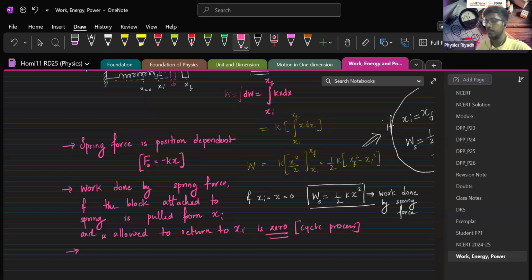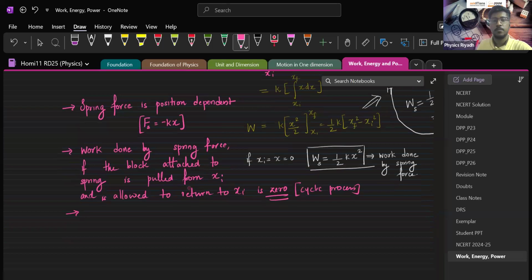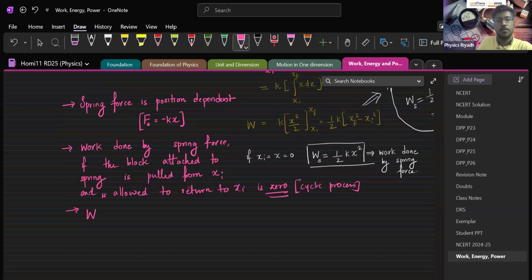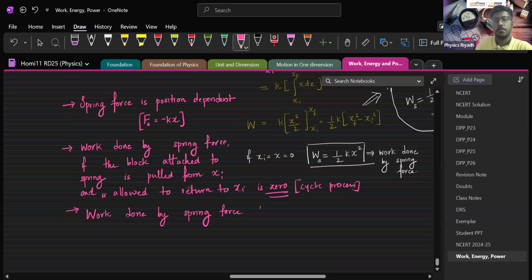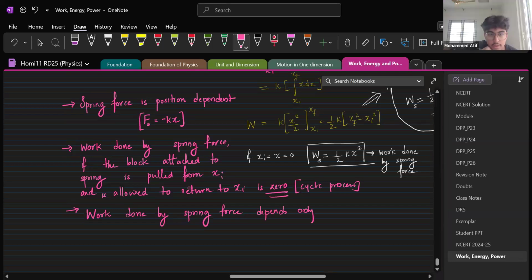Third, work done by spring force depends, in the first point, force of the spring is equal to minus kx.